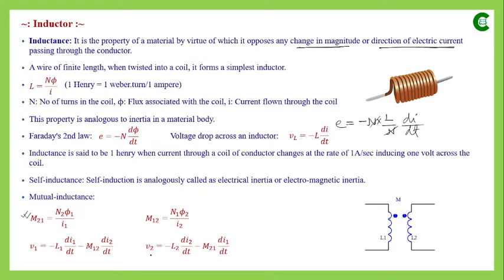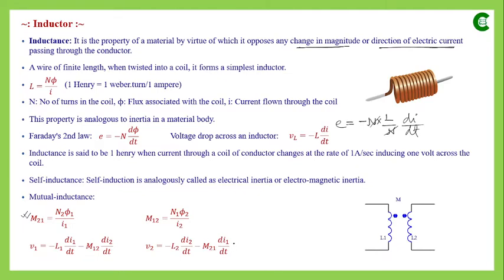Similarly, if it is the induced voltage of the second coil, then that will be because of the self inductance. So in that case it will be L2 di2 by dt, and because of the mutual inductance it will be M21, and for that mutual inductance the current and flux value will be linked with the first coil, so it will be di1 by dt.